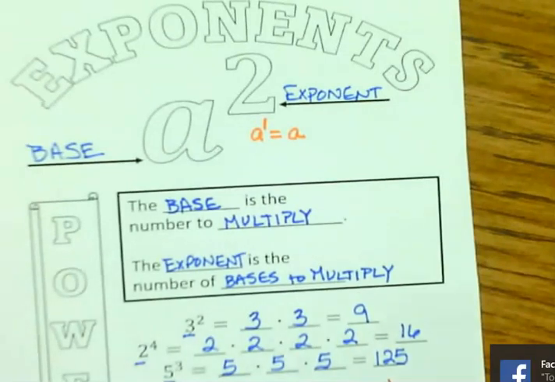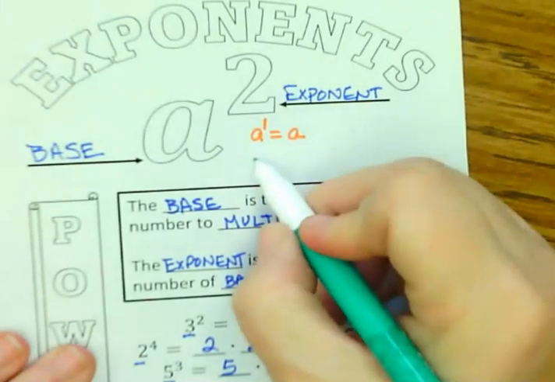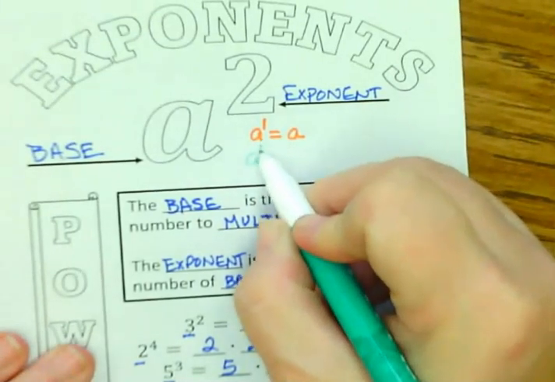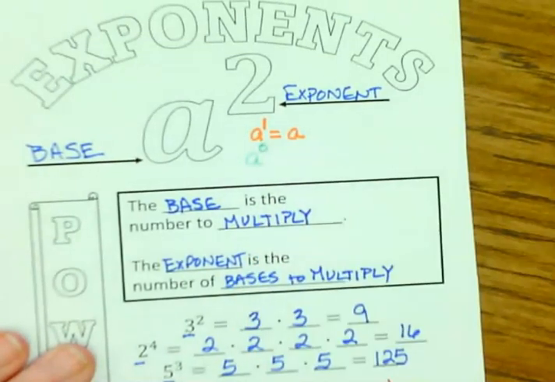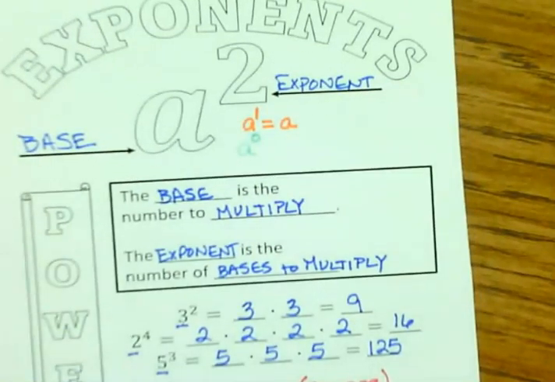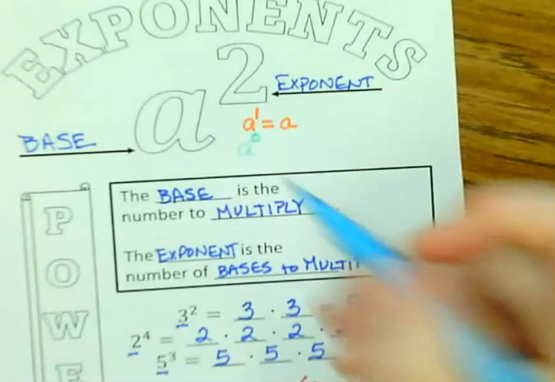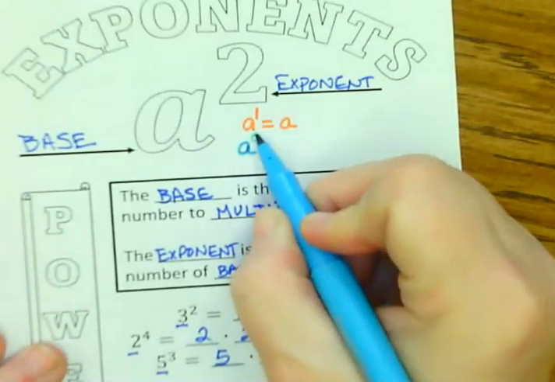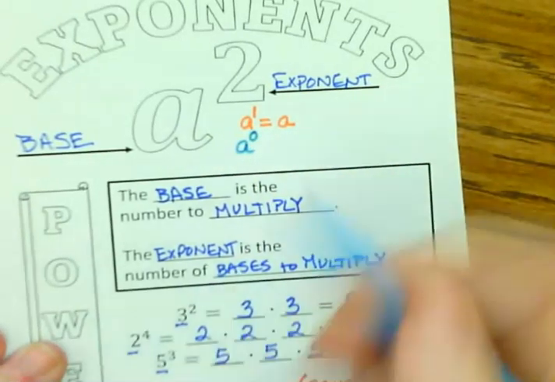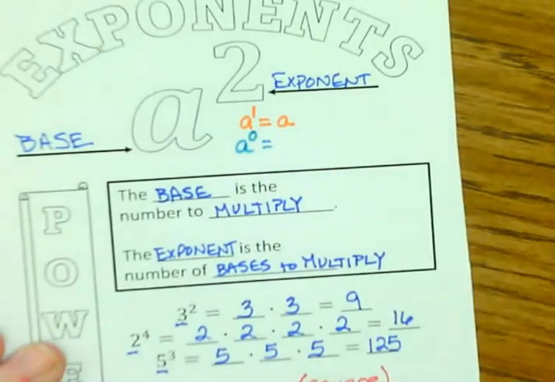Okay? This next one, your head might just explode. Please be careful. If you have a base raised to the power of 0, and you can't see that, it's very, very light. So let me try a different color. Let's see. A to the power of 0. No, it's not 0. I know you want it to be.